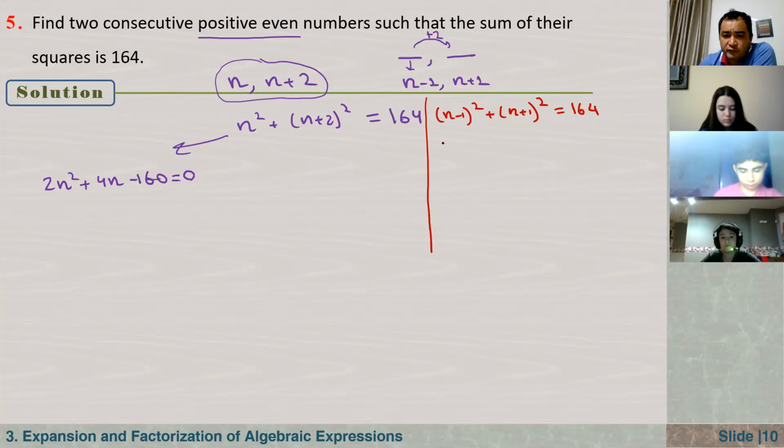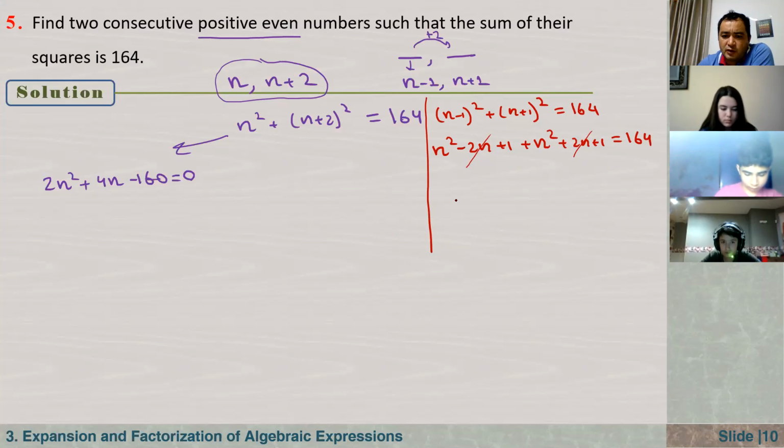Now, if you simplify this, n squared minus 2n plus 1. The second one is n squared plus 2n plus 1. On the right hand side, we have 164, right? But as you see here, these middle terms cancel out each other. And we have only one n, which is much, much easier to solve, right?